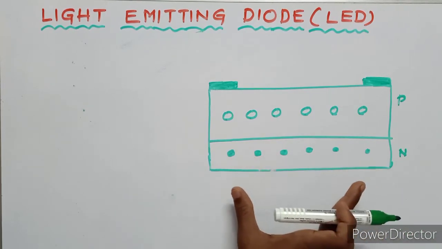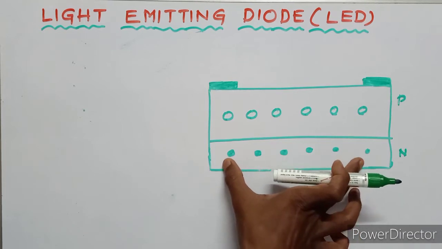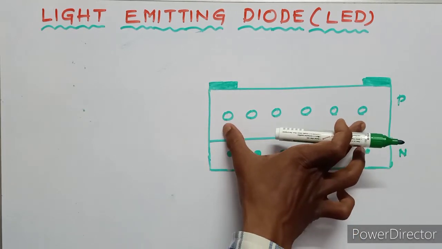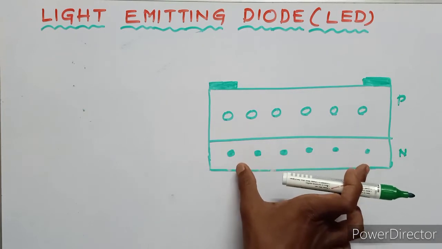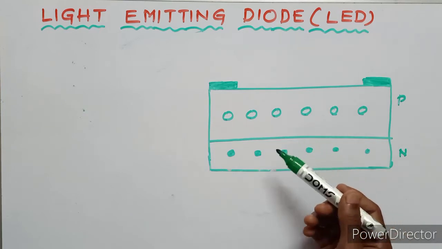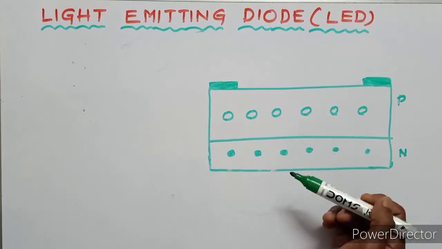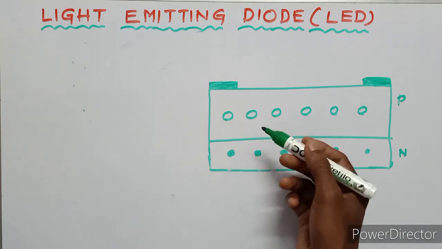Okay, first of all, on the substrate the n-type layer is grown and the p-type layer is deposited on the n layer by the process of diffusion. The process of diffusion involves energy levels.